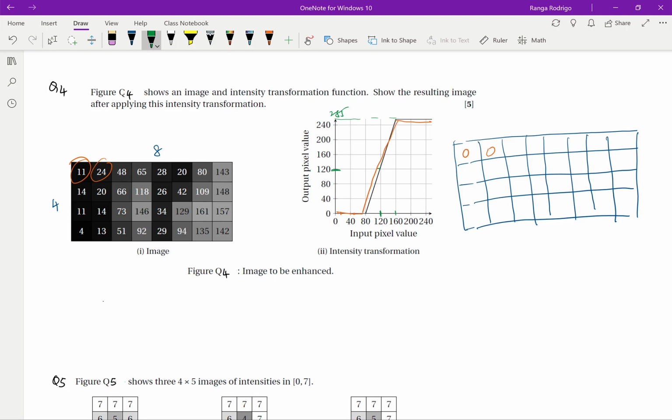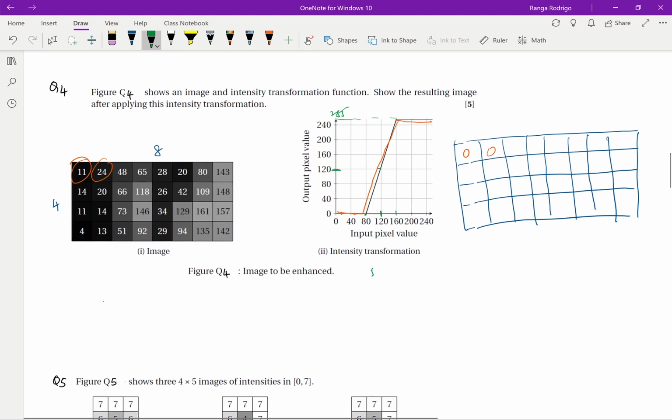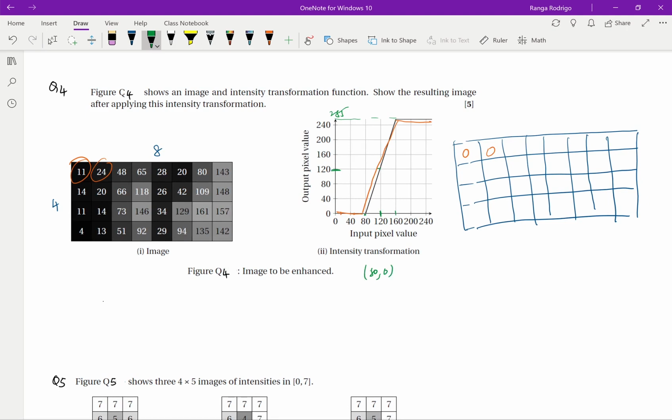So actually we can find the equation of this line. So it is 80, 0 is this point, and this point is 160, 255. So you can find the equation of the line y equals mx plus c.